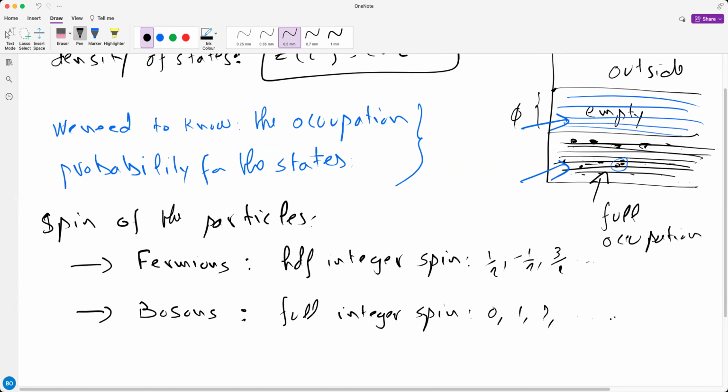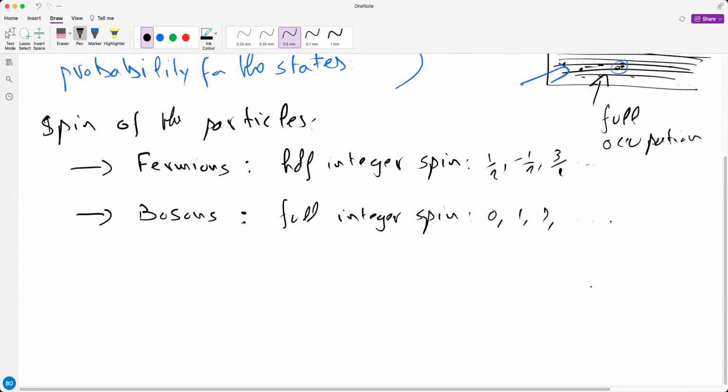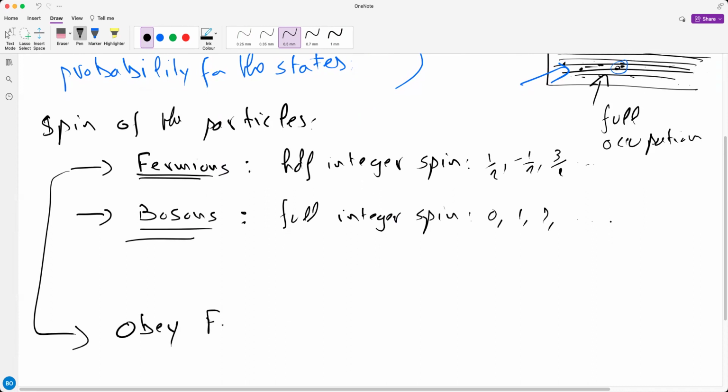Those are particles whose behavior is completely different. The way they occupy the energy states is completely different. Fermions are called fermions because they obey Fermi-Dirac statistics.